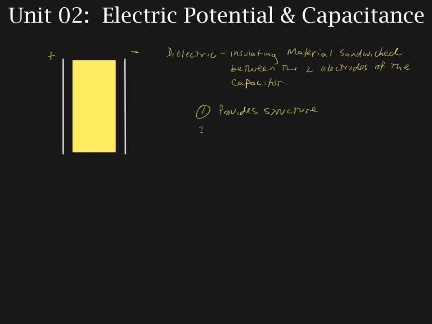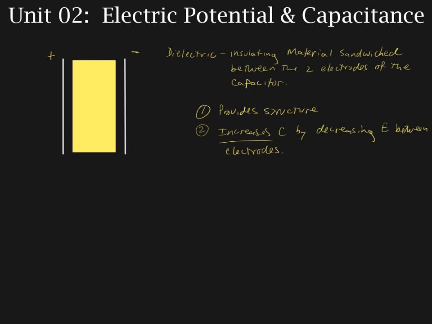The second purpose for the dielectric material is that it increases capacitance by decreasing the electric field in the plates. And that's what we're going to look at now.